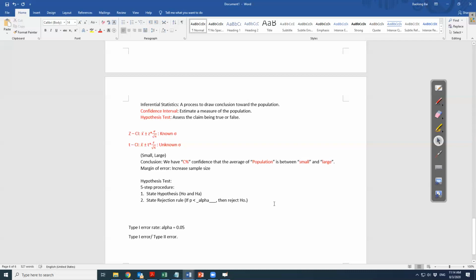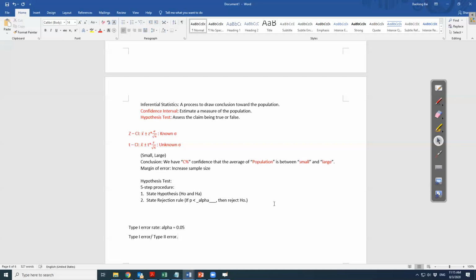But the judge and the jury are going to make a decision about the person being guilty or not based on the evidence. So in that case, you can have different possibilities, right? If the person is actually innocent, but the judge and jury decide he's guilty, the judge and jury is making a mistake. And that mistake, we call it a type 1 error.